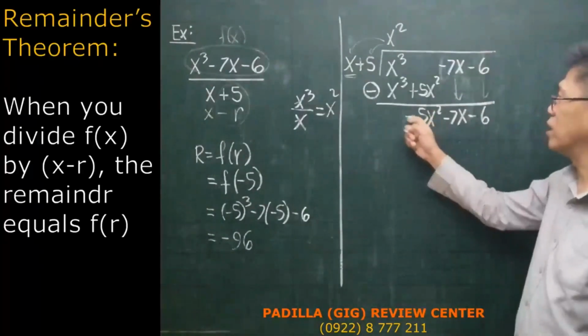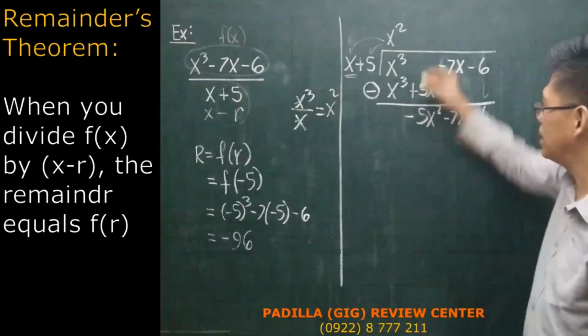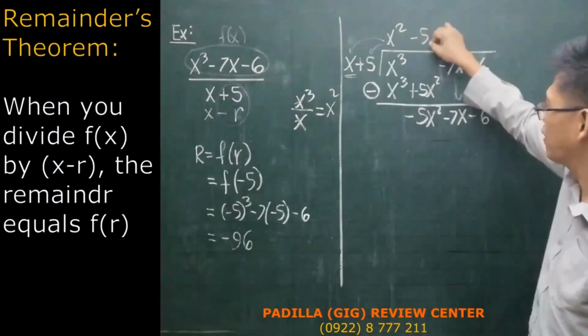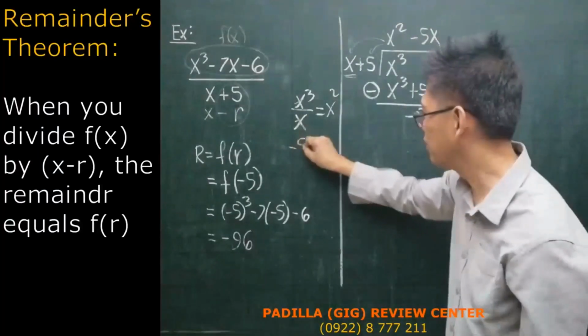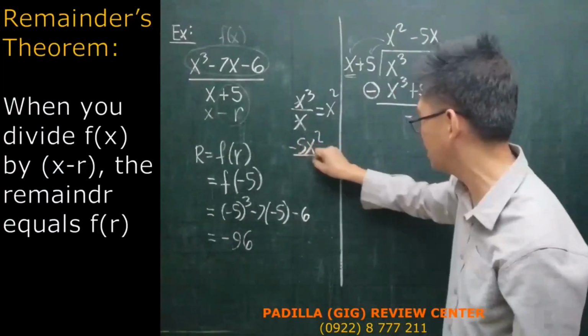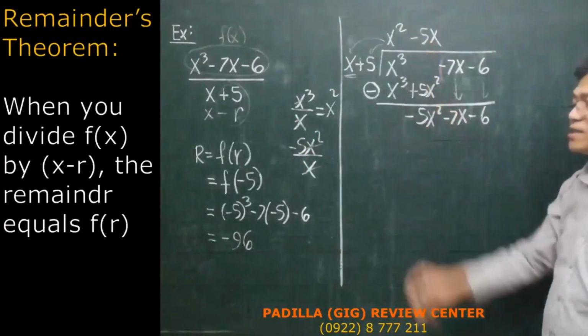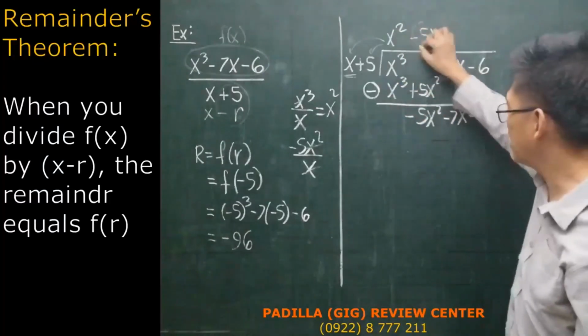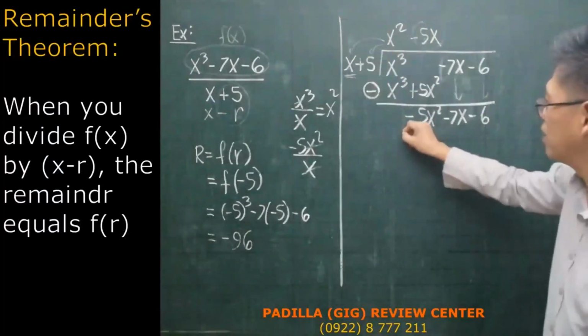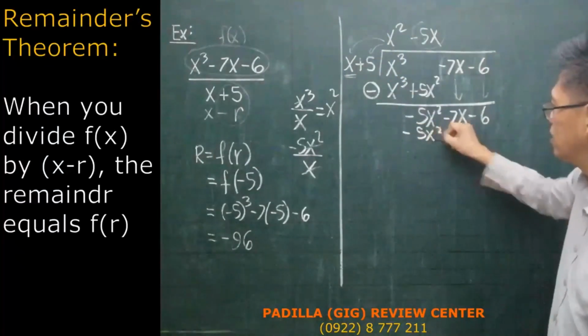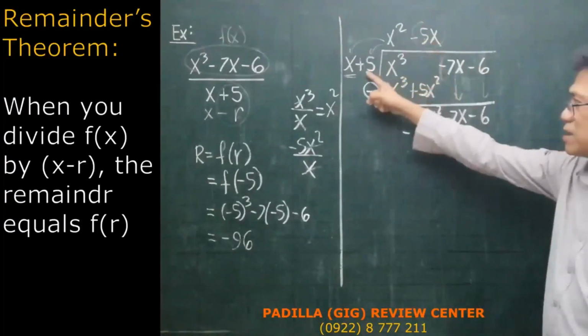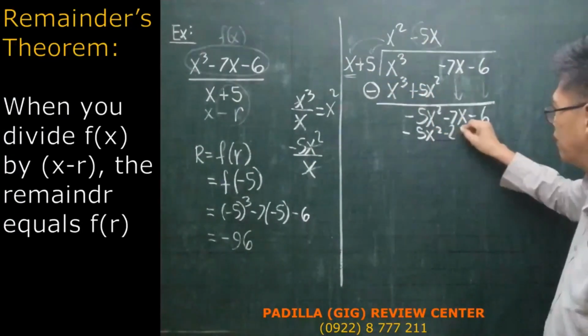Minus 5x squared over x, that would be minus 5x, di ba? Tanggal lang naman yung isang x, na? So, minus 5x. Minus 5x times x, minus 5x squared. Minus 5x times 5, minus 25x.